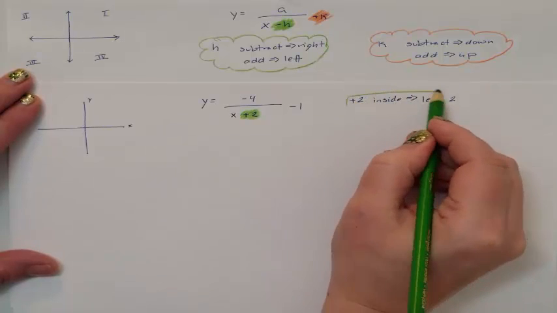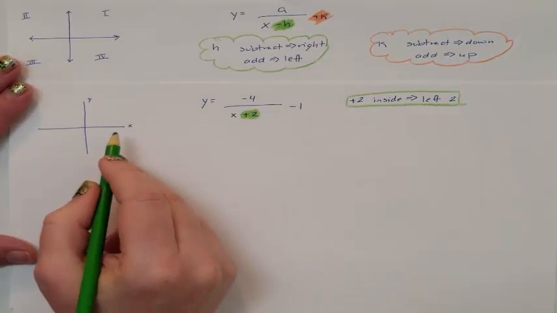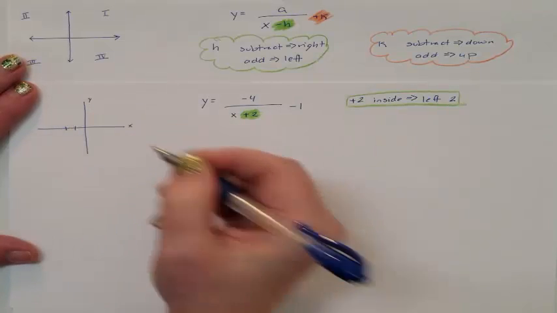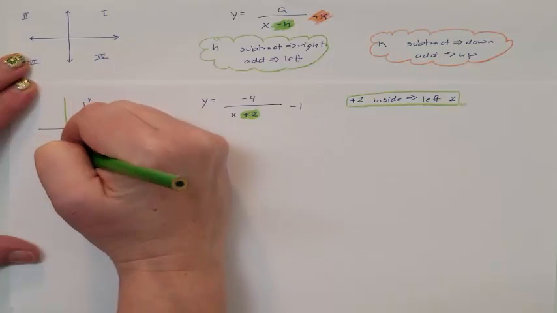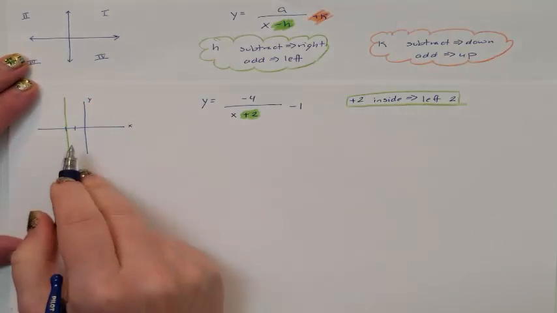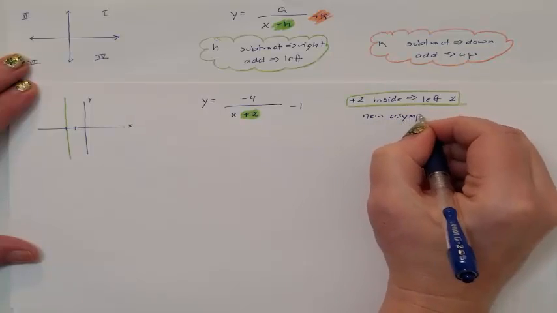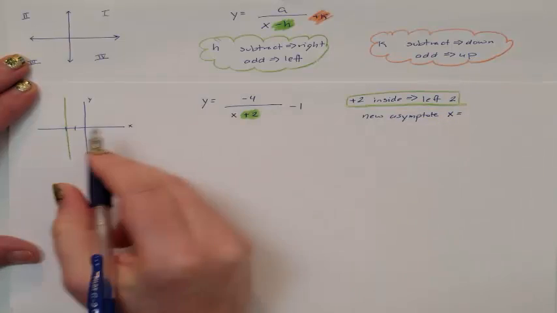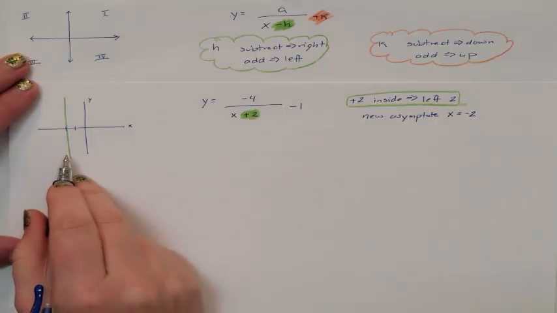This is all because of this highlighted green 2. Going left 2 means I'm going over this direction 2 spots. So 1, 2. That means my new asymptote, my new do not cross line, is right here. It cuts the x-axis, so it is an x equals line, and that's at -2. So my new asymptote is at x equals -2.